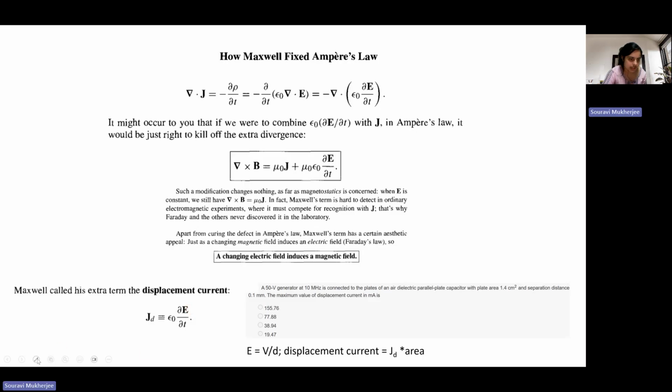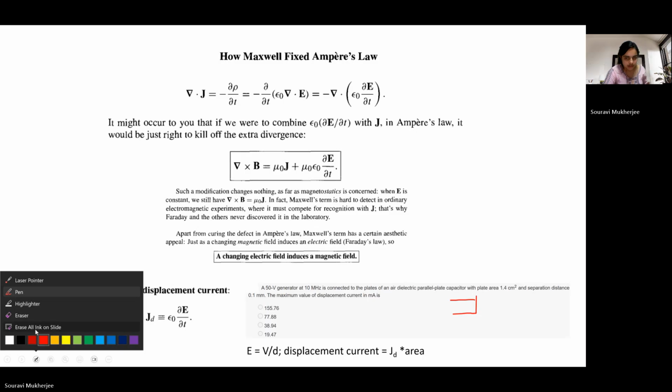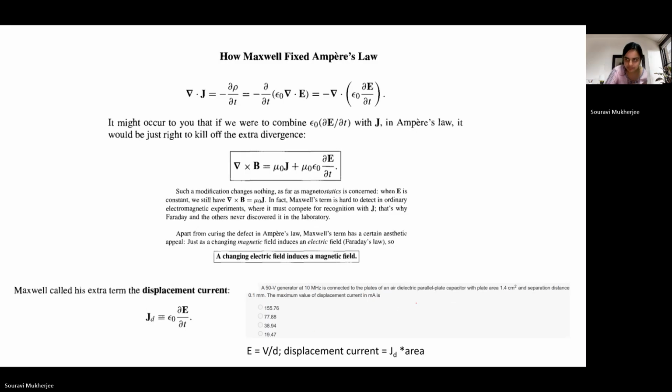Here, as the question suggests, you have two plates. The potential difference between the two plates is given as 50 volt. The distance is also specified, 0.1 mm, that is the separation distance.